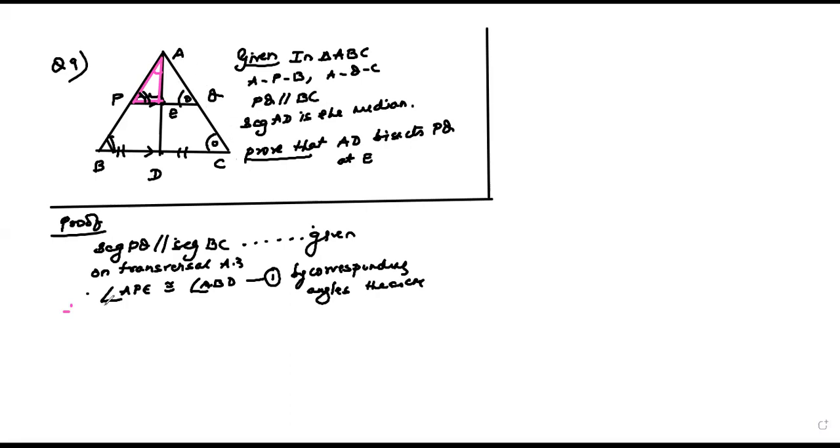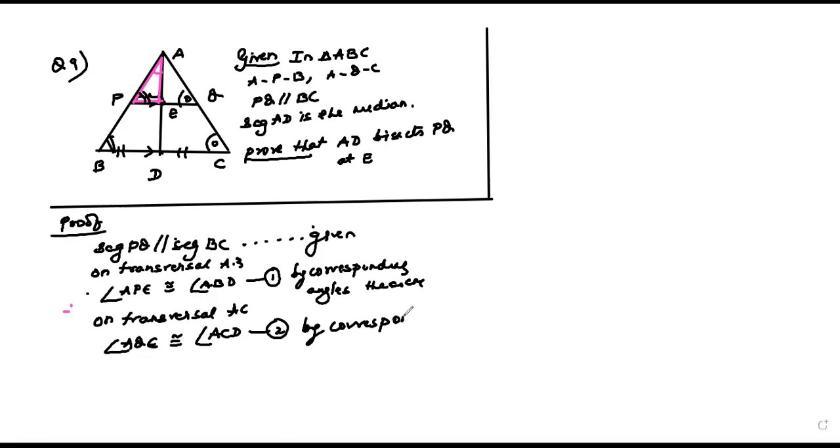On transversal AC, angle AQE congruent to angle ACD, statement number 2, by corresponding angles theorem. And now I am going to use both of them. That's why I numbered them.